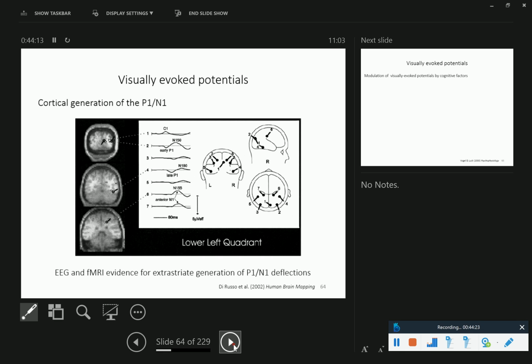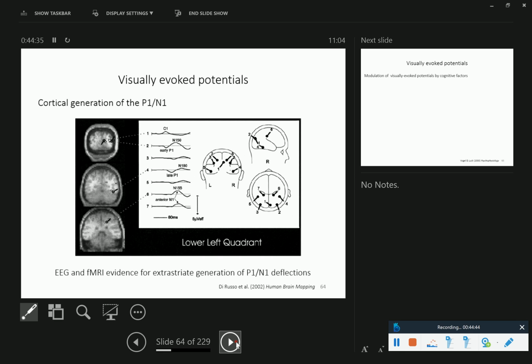And this combined with fMRI data basically points towards extrastriate. So extrastriate meaning not in the striate cortex, which is of course the calcarine sulcus, aka V1.